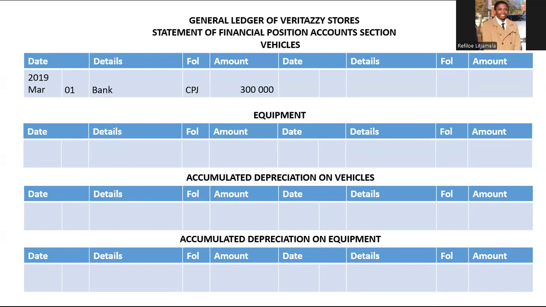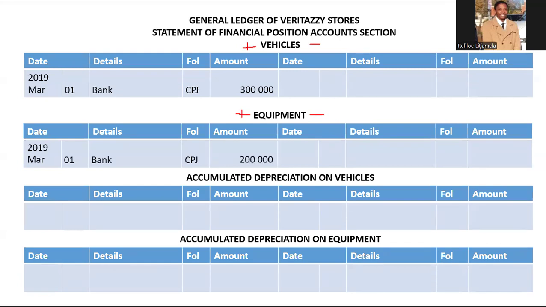Vehicle account will increase whenever you buy, whether you're buying for cash or on credit. Similarly, with your equipment, it will increase on your debit side whenever you buy. We bought this, so the CPJ, the amount will be 200,000 rand for equipment.